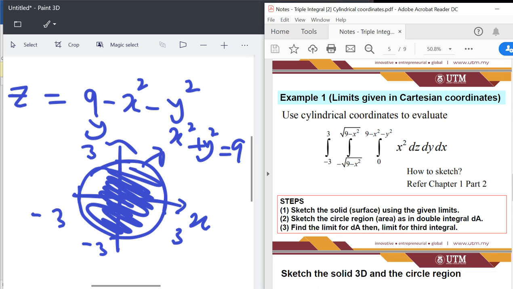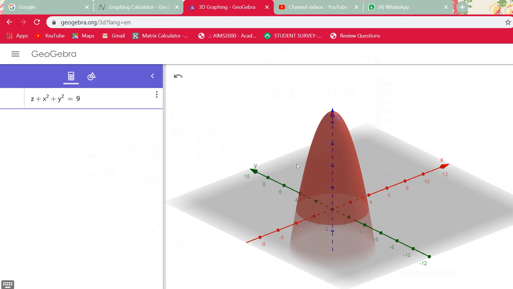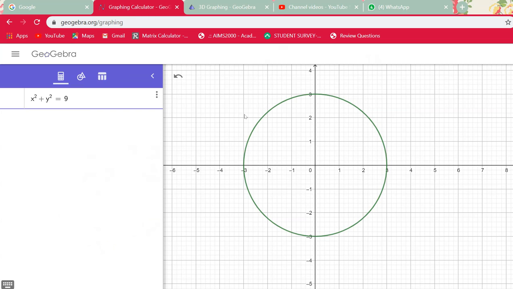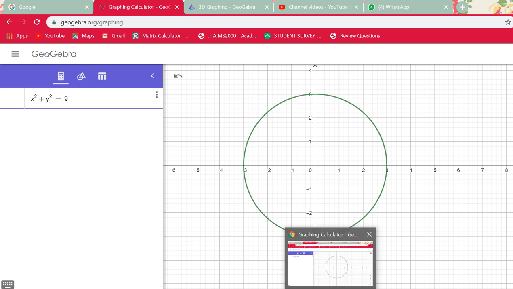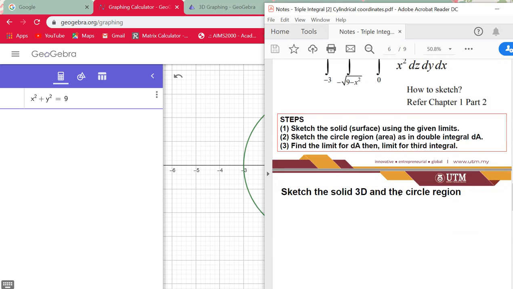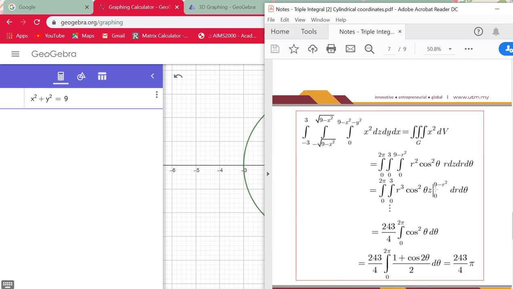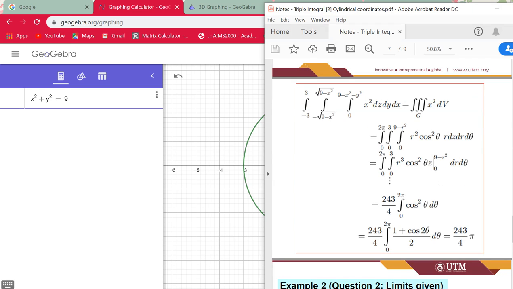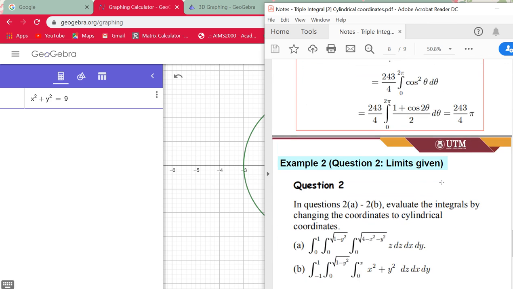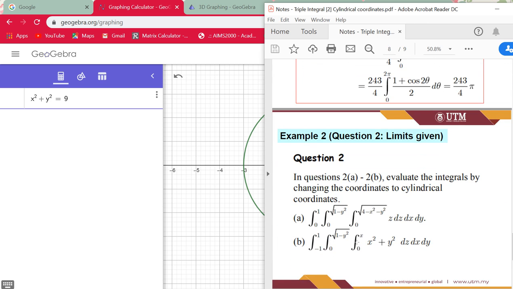You need to get the whole shape and also the bottom shape, the bottom limit, so that you can convert it into cylindrical coordinates. I'll give you another two questions. Try to get the solid region first, and then answer the questions. I will share the answers later in the WhatsApp group.